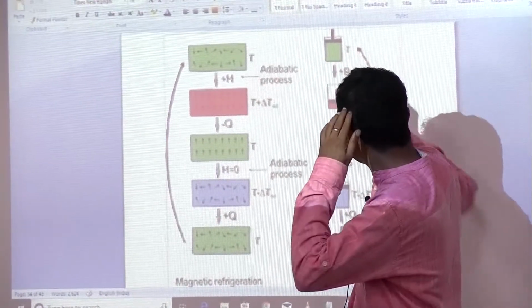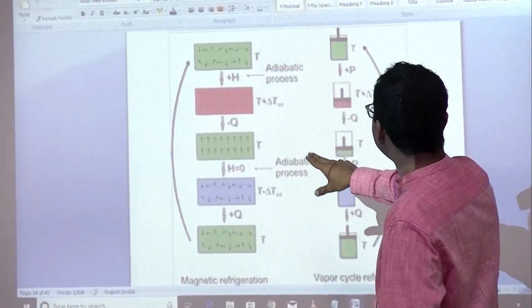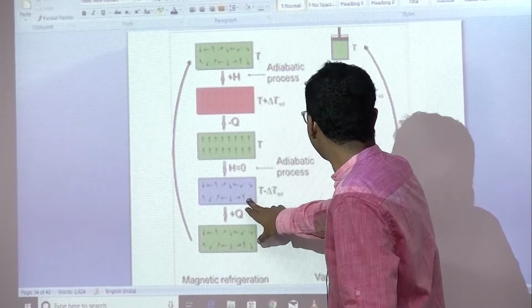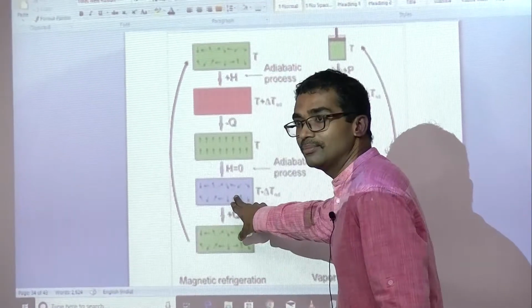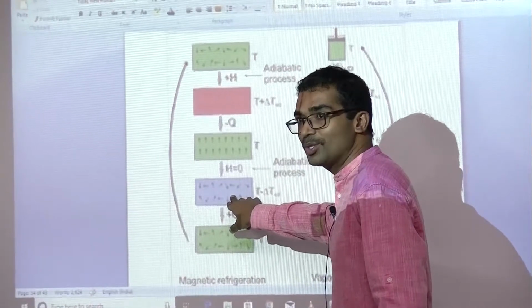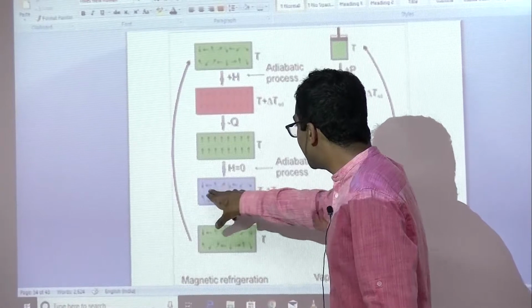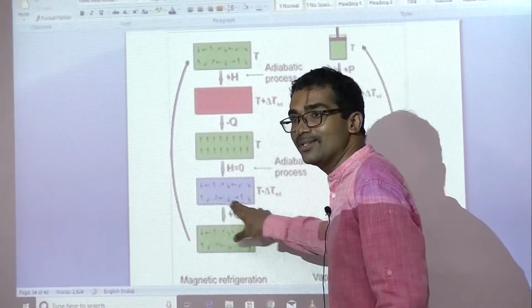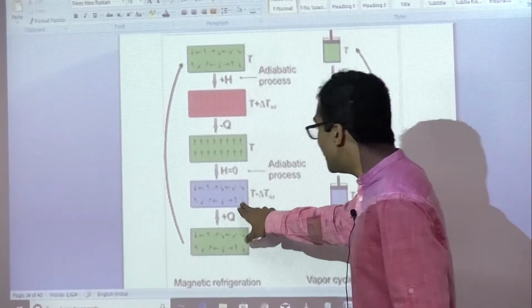So you have applied field, you have magnetization going to 0, you have an expansion. So the entropy, that means the disorder associated with these magnets, corresponds to an increase in volume, right? That means lower the magnetization.